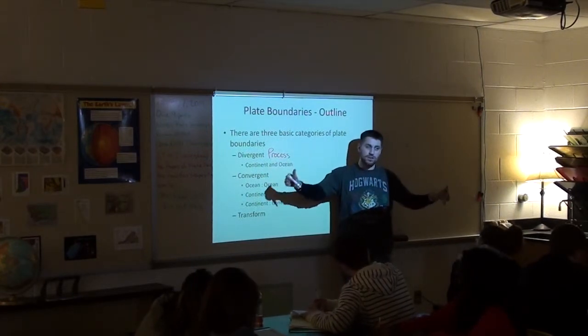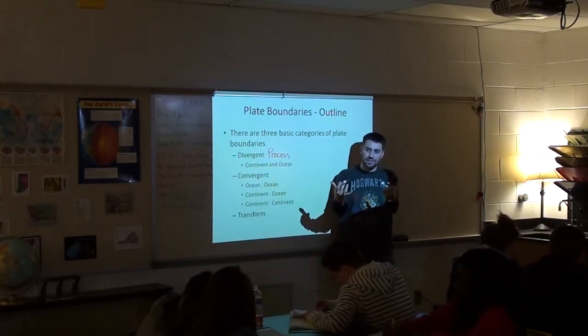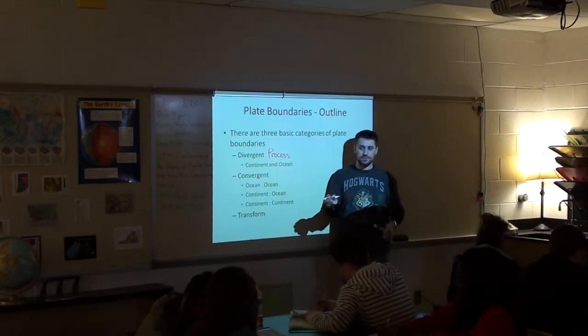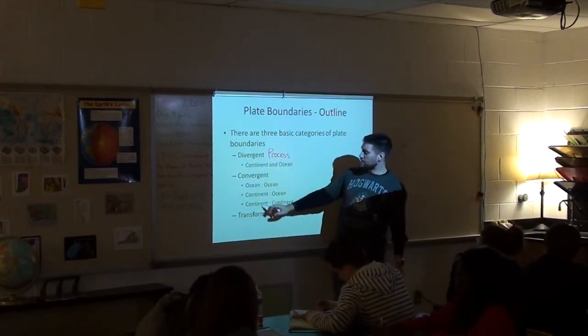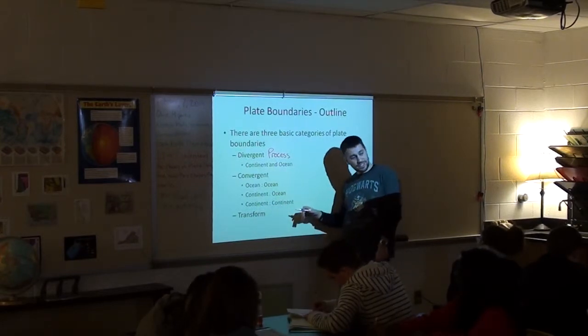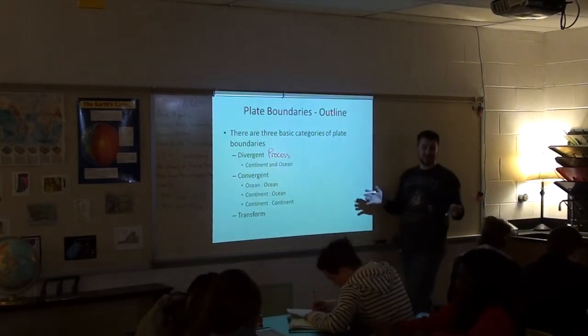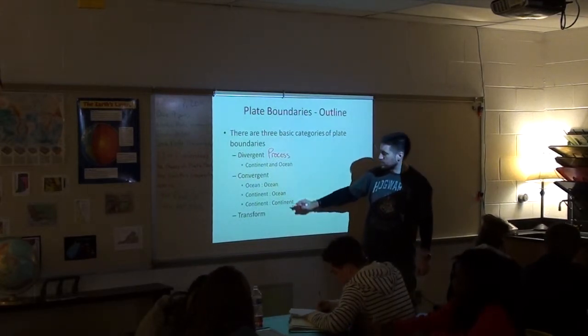Divergent, going apart. Convergent, coming together. If we're all converging on the same spot, we're all about to crash. Now you can have the ocean and ocean converging, the continent and the ocean converging, or the continent and the continent converging, and it all does different stuff. These two are similar, but you end up with a different result.